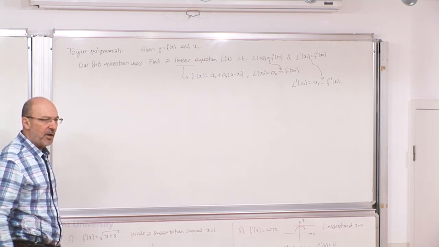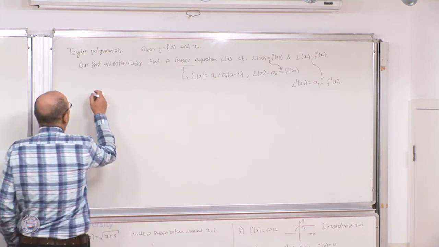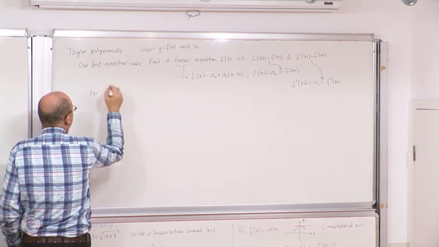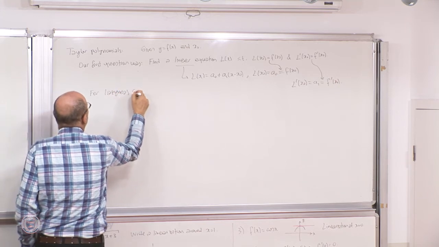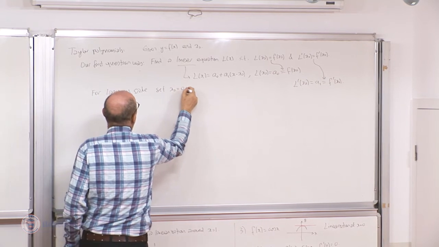Now to make life easier, let's get rid of this x sub 0. Let's choose 0. For laziness, set x sub 0 equal to 0.